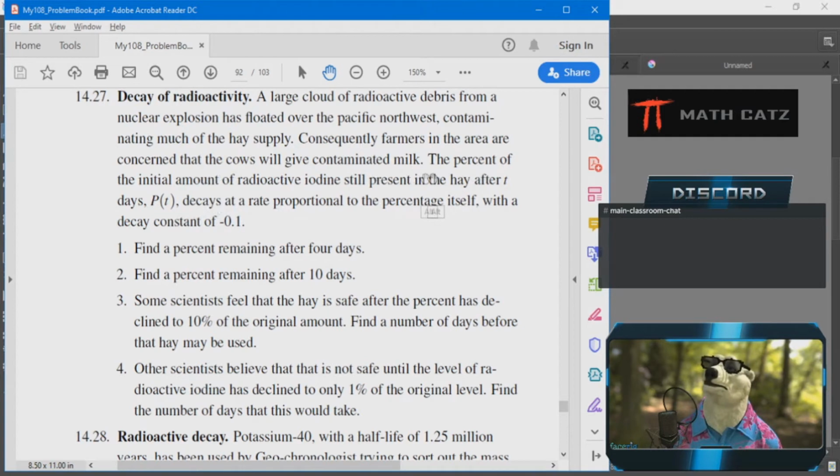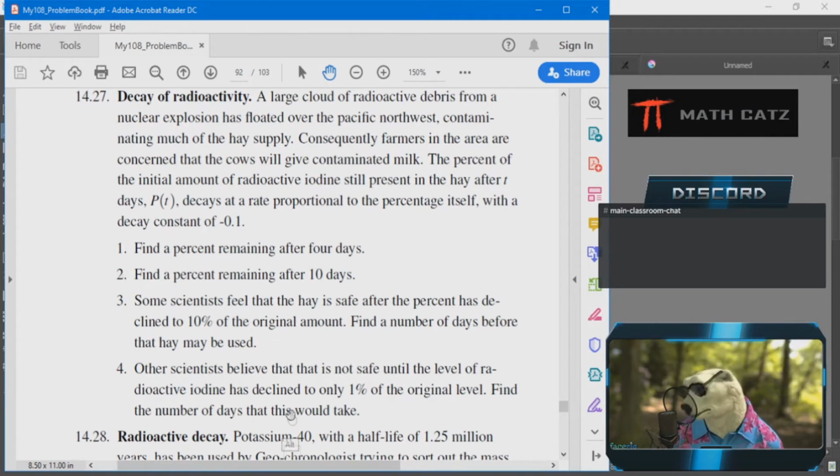The percentage of the initial amount of radioactive iodine still present in the hay after T days is now represented by P of T. So they define it for me. I don't have to. It's not a Y. It's not an N. It's a P. And it decays at a rate proportional to the percentage itself, with a decay constant of negative 0.01.